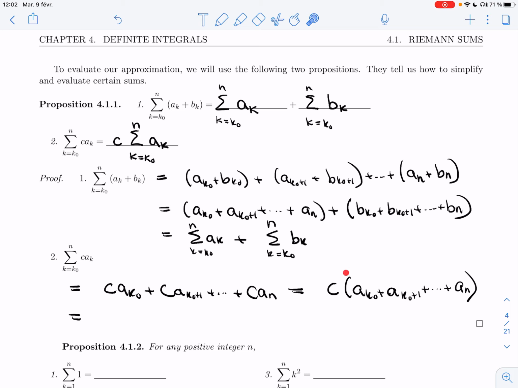And what I have left here, that's the sum of the A_k's again. So the C is now outside of the sum, C times the sum from k equals k0 to n of A_k.